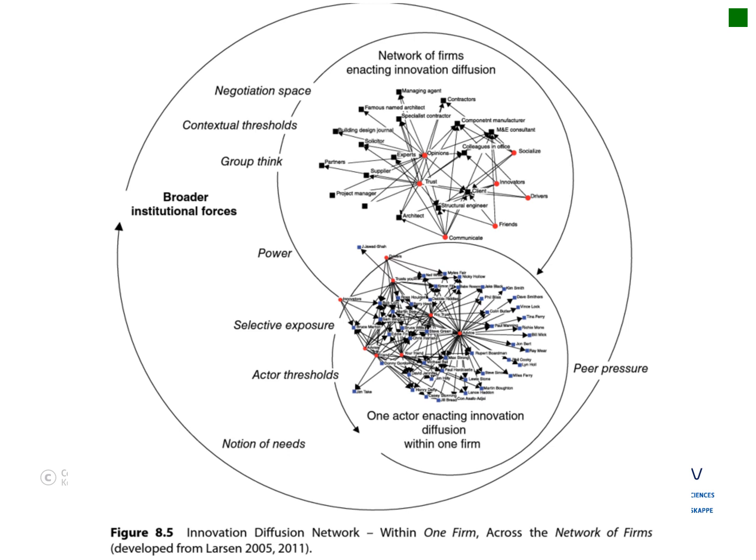And the important one that I want you guys to have a look at is your network of firms, your innovation diffusion within one firm. So this is now a combination of those two networks, basically in the broader built environment.